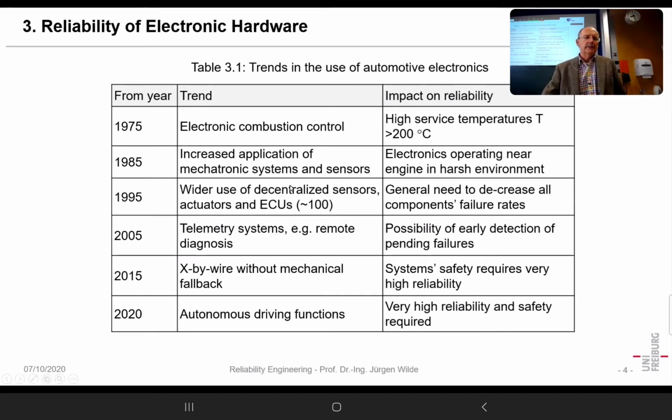Okay, so there was a large development. Here are some examples. Already in 2005, there were proposals of telemetry systems where the car would analyze itself and see, oh, I don't feel well, and I give notice to some service point, and they can be prepared for that.